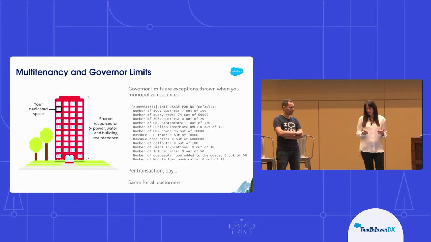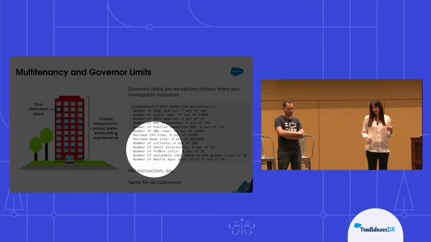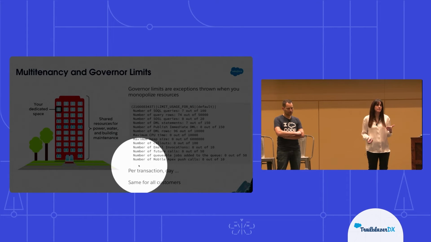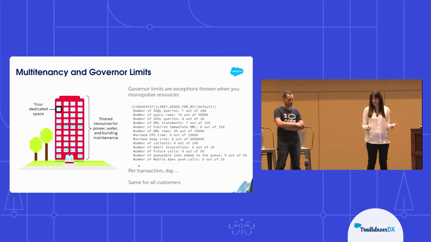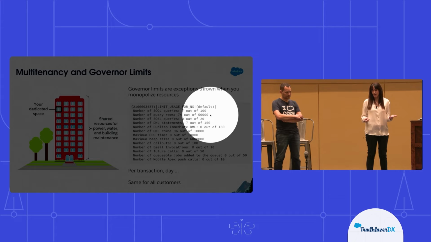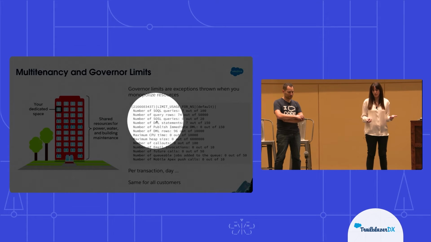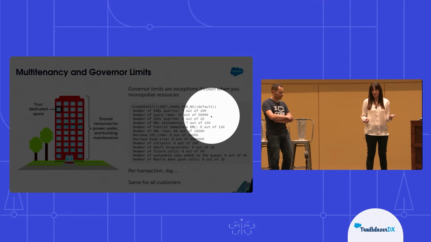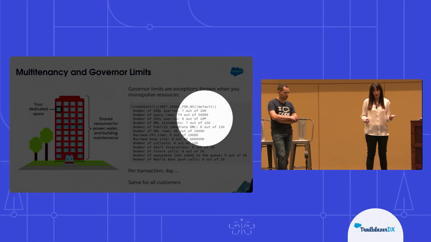Those exceptions can occur per transaction. This is the most common use case. Indeed, here we are seeing the number of queries that are allowed in a single transaction, 100, or for instance, the number of DML statements that are allowed in a single transaction, 150.